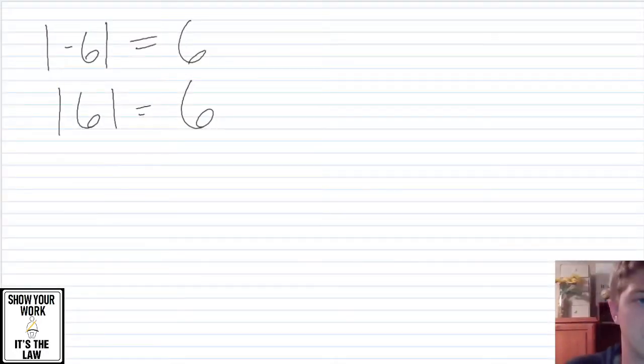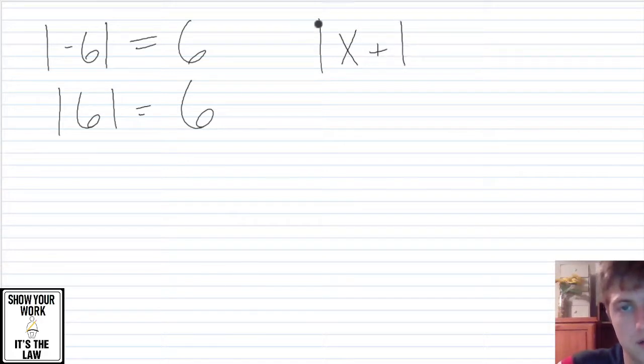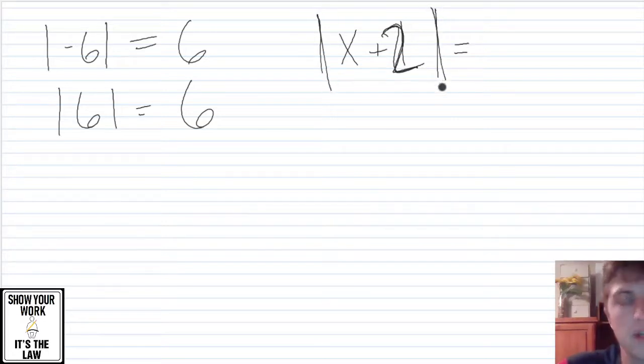So before, if we wanted to figure out what our number on the inside was, let's say the absolute value of x plus 2, let me make this a 2, that way you don't confuse my ones. So these are absolute value bars. The absolute value of x plus 2 is equal to 7.